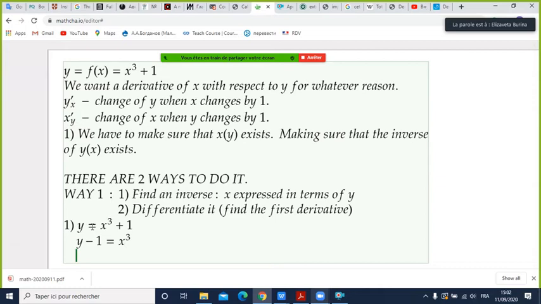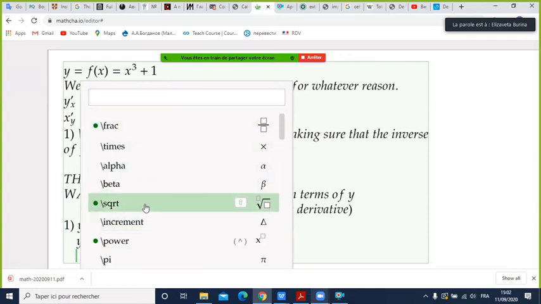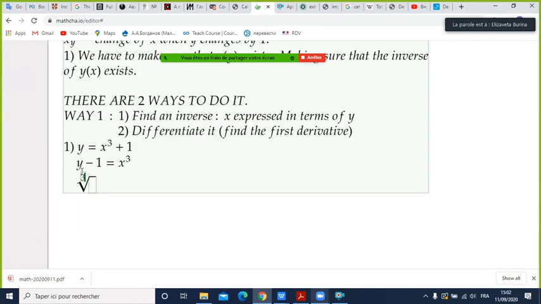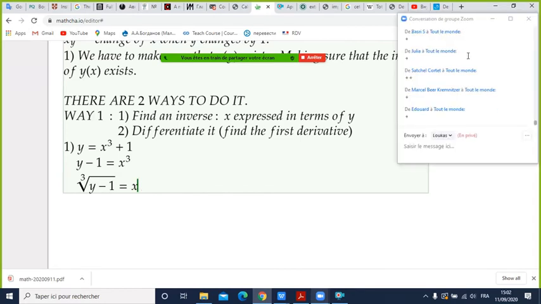Now, to extract x from x cubed, we just have to take the cubic root of both sides. So the cubic root of y minus 1 has to be equal to x. Okay, so I hope that getting an inverse is not such a big deal for you anymore.